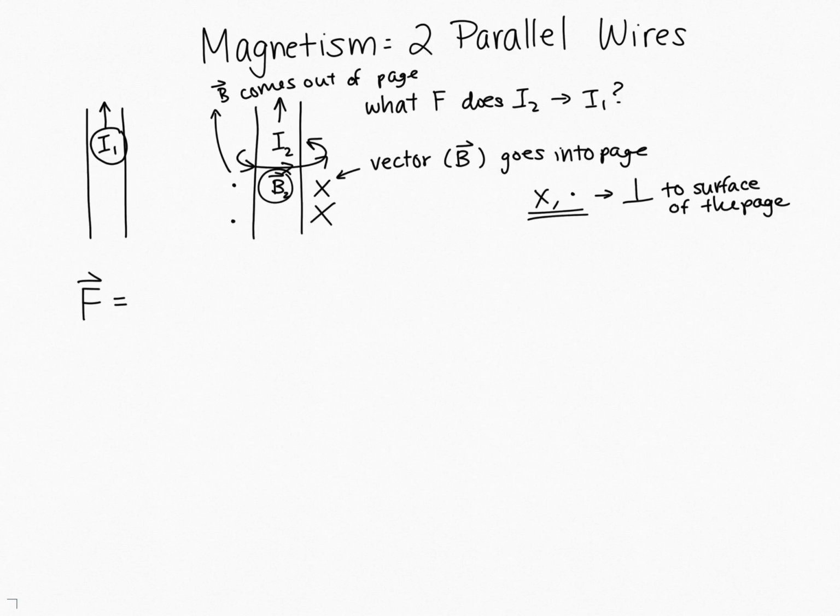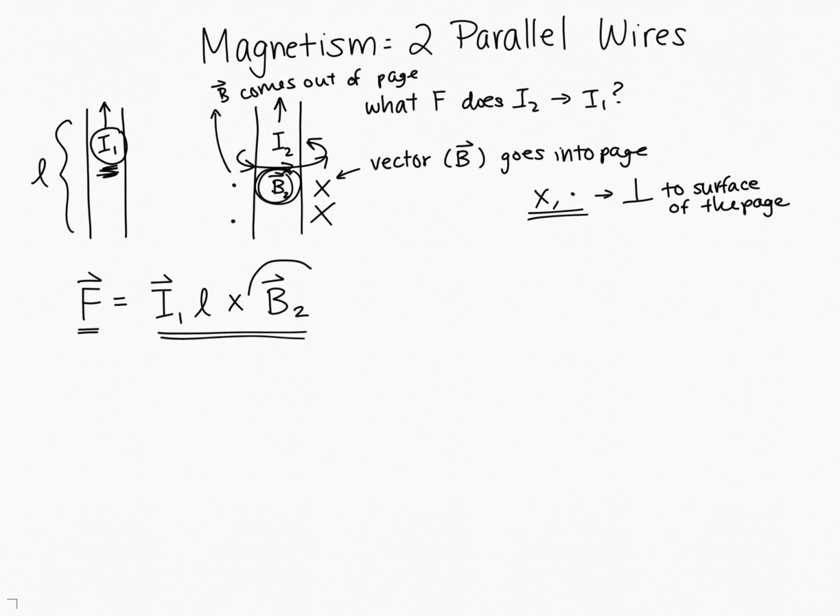Now we know that the force is going to equal the current of our object, namely I1, times L, we'll call this distance L, cross B. In this case, B is the external magnetic field experienced by wire 1, so namely this is going to be B2. So this is the force that is acting on wire 1.